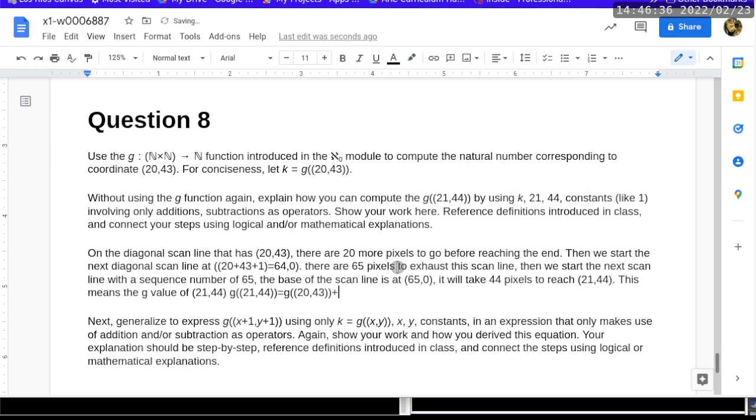So we first have to add the 20, and then we have to add the 64, which is 20 plus 43 plus the extra 1, and then we have to add the 44, and then the plus 1, because it goes from 0. Oh no, plus 44 is correct. There we go.